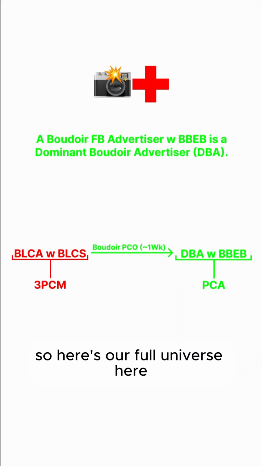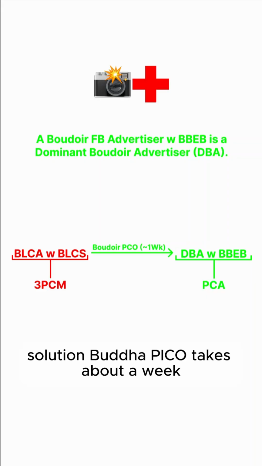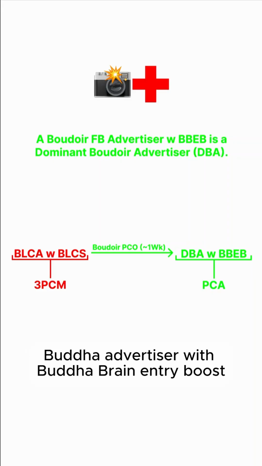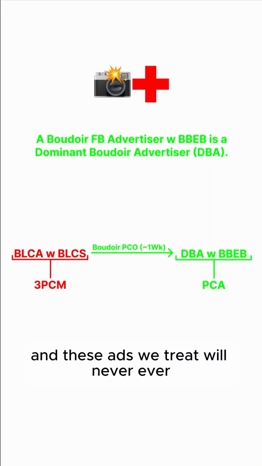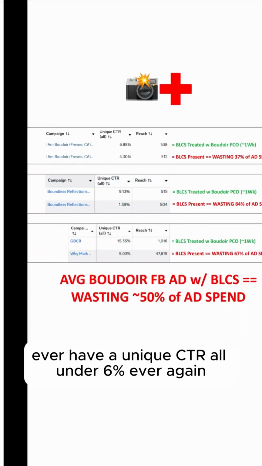So here's our full universe here. A BLCA with BLCS is caused by the 3 pre-click mistakes. Solution, Boudoir Pico takes about a week. Achieve pre-click alignment, become a dominant Boudoir advertiser with Boudoir brain entry boost. And these ads we treat will never, ever have a unique CTR under 6% ever again.